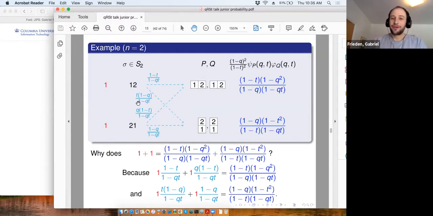So basically I can replace q and t with q inverse and t inverse. If I do that transformation over here, it turns out that the weights don't change. They're invariant under q going to q inverse and t going to t inverse. But these probabilities do change. So I can get another nice choice of probabilities by inverting the parameters.